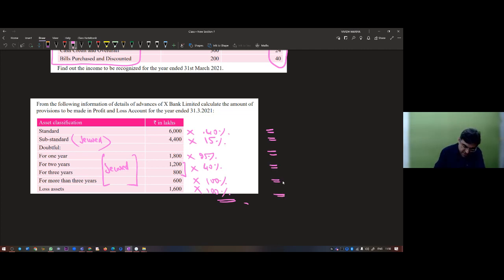So the answer will be 6,000 into 0.4, 24. 4,400 into 15%, 660. 450, 800, 600, 1,600.